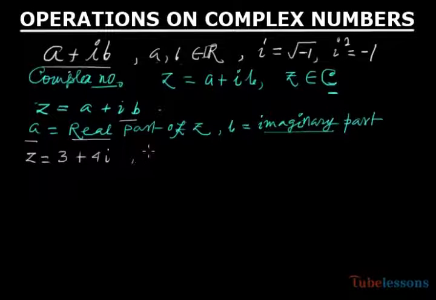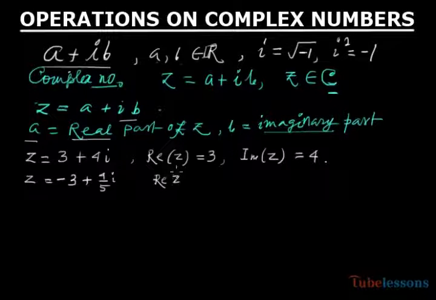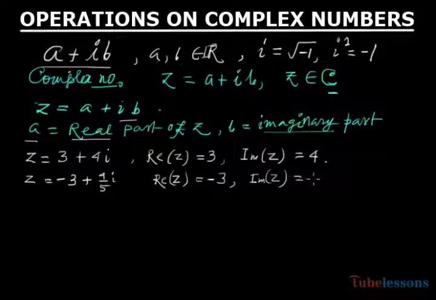Here the real part of z is 3 and the imaginary part of z is 4. Another example: z is equal to -3 plus 4 by 5 i. Here the real part of z is -3 and the imaginary part of z is 4 by 5.